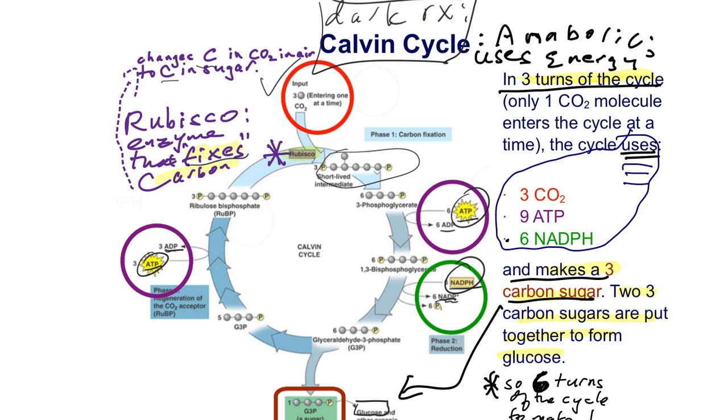What was there before is this 1, 2, 3, 4, 5 carbon sugar. Now it has another carbon there, because carbon was attached to it by this enzyme, probably the most important enzyme in the world, rubisco. If rubisco wasn't there, carbon couldn't be fixed, and there would be no glucose, and we can't make it. We get it from plants or animals that have eaten plants.